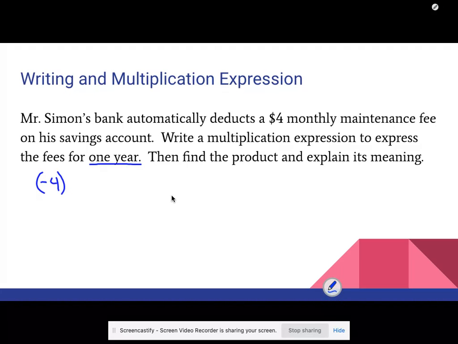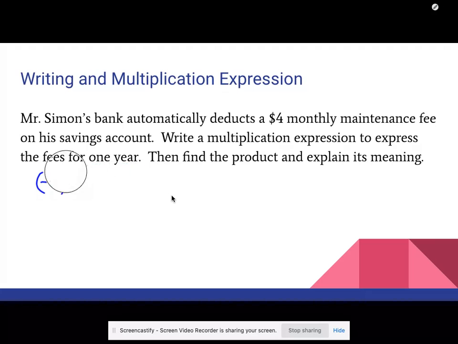And there are 12 months in the year. So I'm going to do negative 4 times 12. This is my expression, which equals negative $48. And then I need to explain what this means. It would mean that he is going to lose $48 out of his bank account every single year.